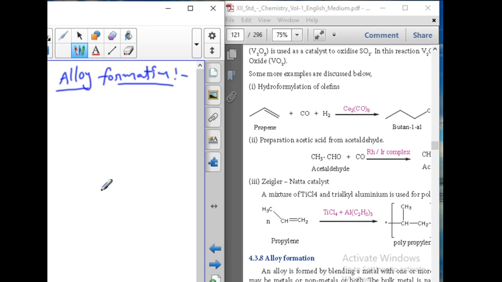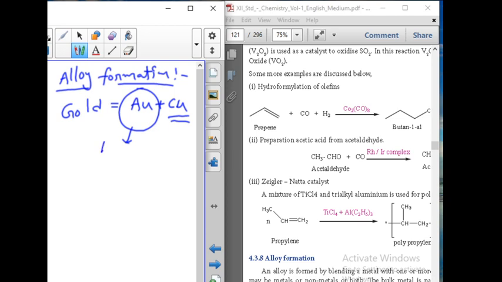But in that, suppose I am taking gold. Gold is a mixture of Au plus copper. It's not pure gold; there is a small amount of copper. So one component has the highest percentage in alloy formation.